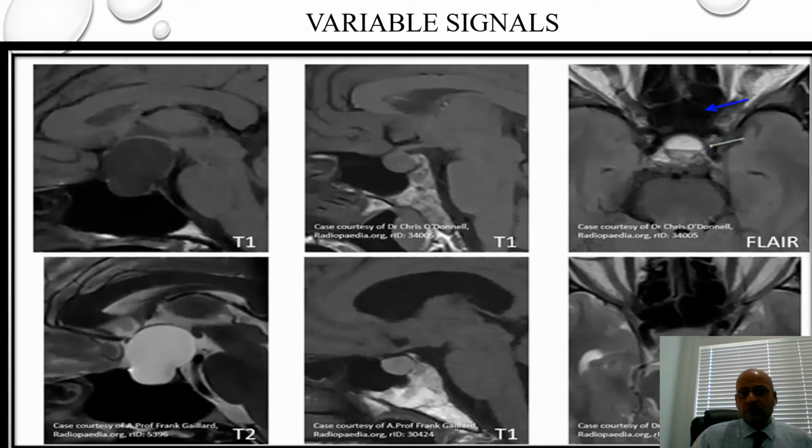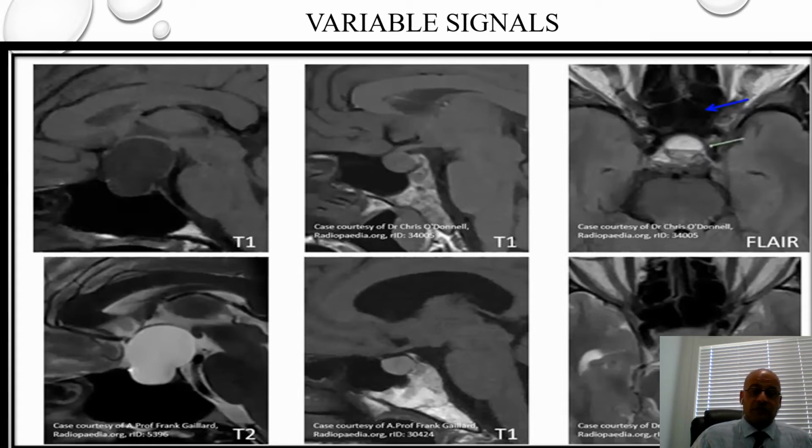The T signal of the cyst is variable, from hypointense to isointensity in T1, but usually they don't tend to be hyperintense on T1 unless there is a bleed or hemorrhage into the cyst where you have a fluid level.